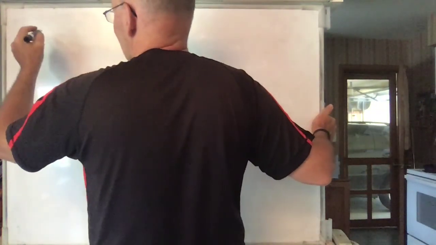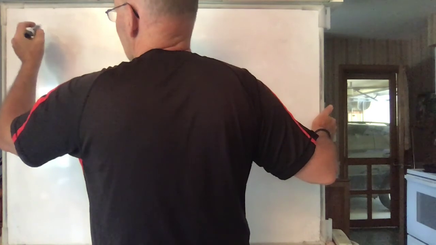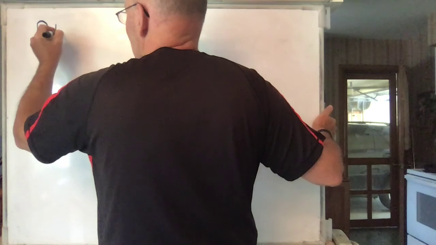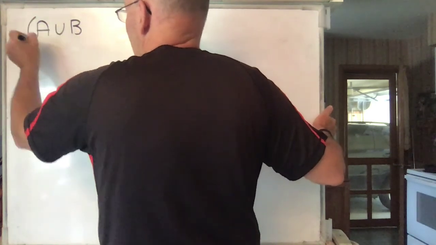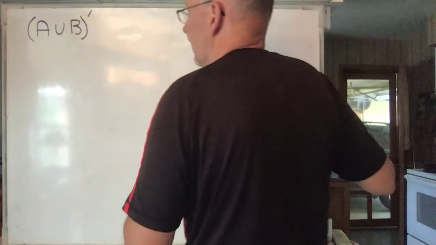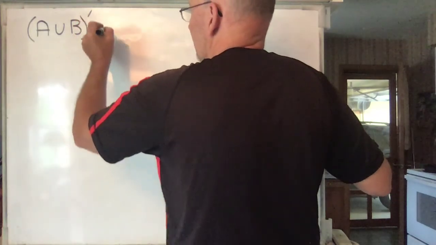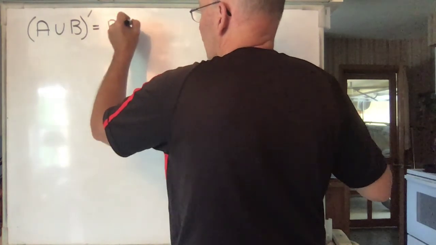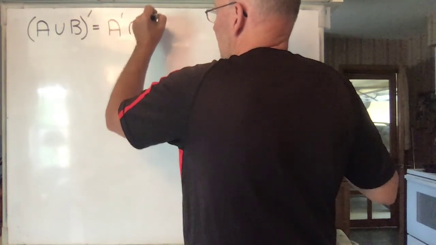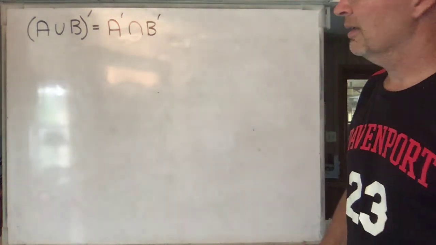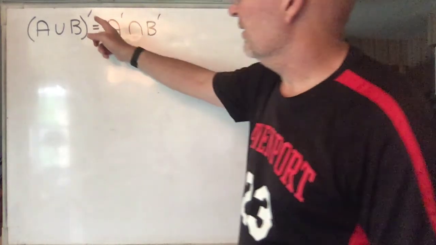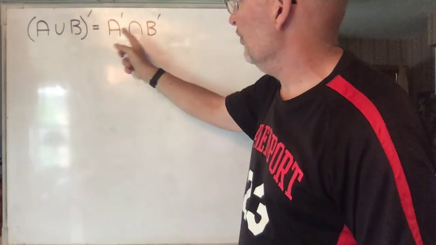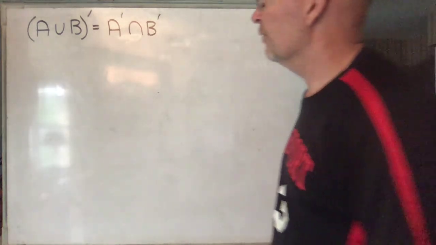If you have some sets, we'll just restrict it to 2 in this case, and you take the union of these 2 and then take the complement of that, you're going to end up with the complement of the first intersect the complement of the second. I like to say it this way: the complement of the union is the intersection of the complements. That's one of DeMorgan's laws.